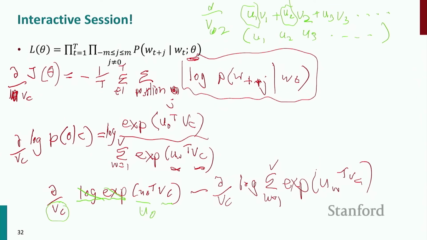Okay, so that part is easy, but then we also want to work out the partial derivatives of that one, and at that point I maybe have to go to another slide.